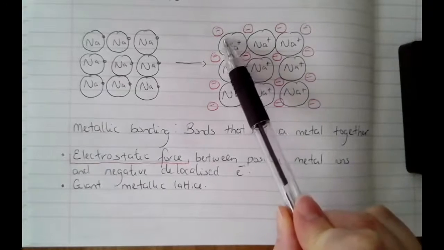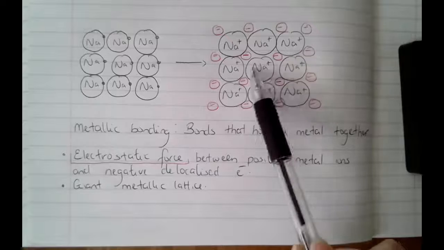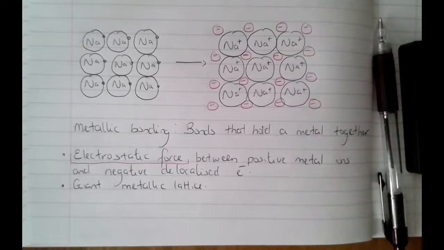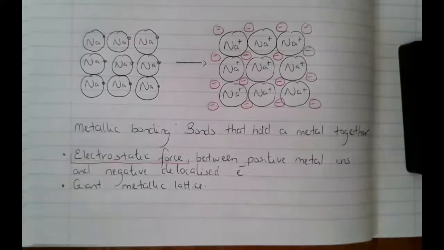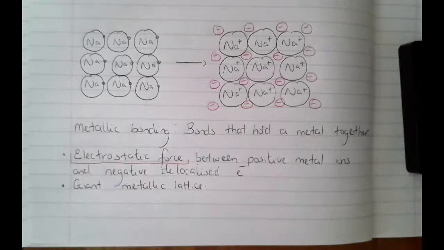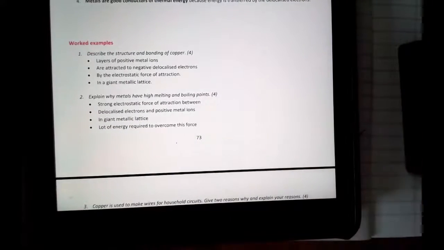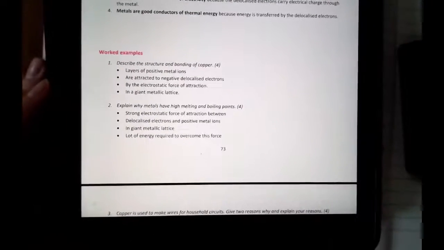The positive ions, because your metal is a solid, these particles can only vibrate. They cannot move freely. But your negative electrons, because we say they are delocalized, they can move freely. So the presence of the delocalized electrons allows metals to conduct electricity, just like it did in graphite.